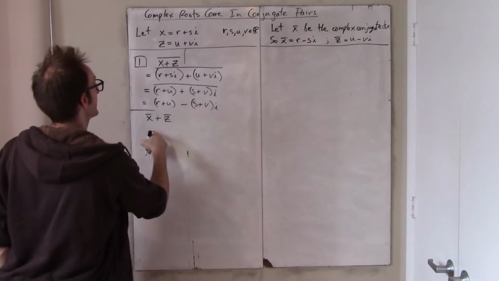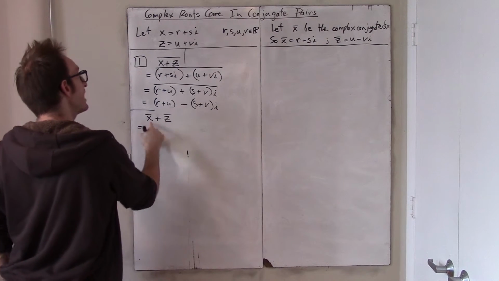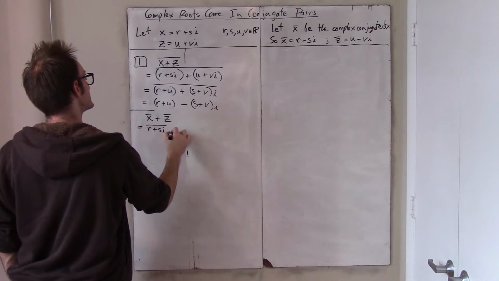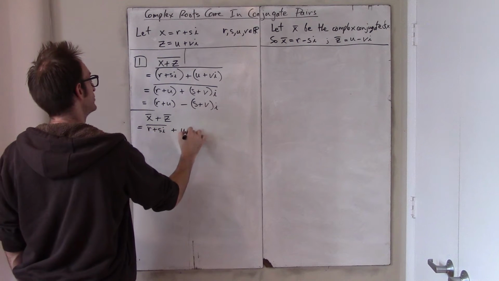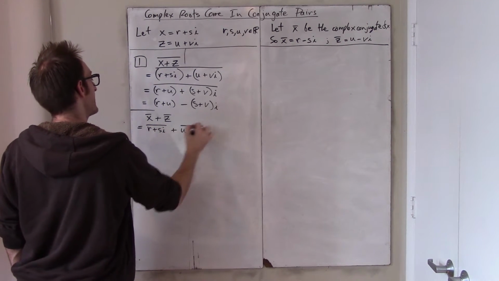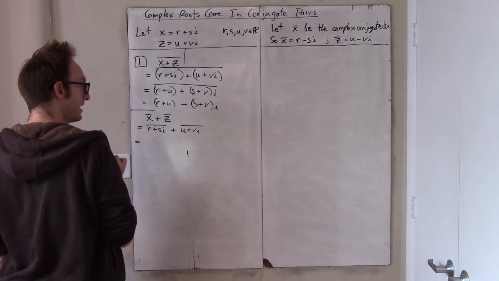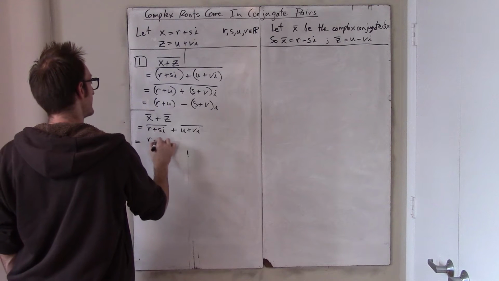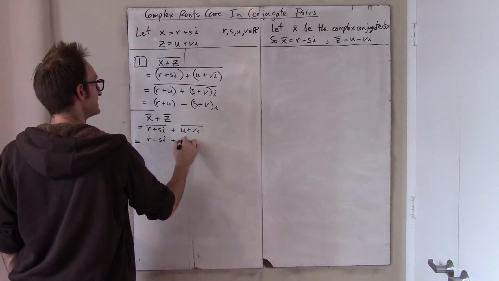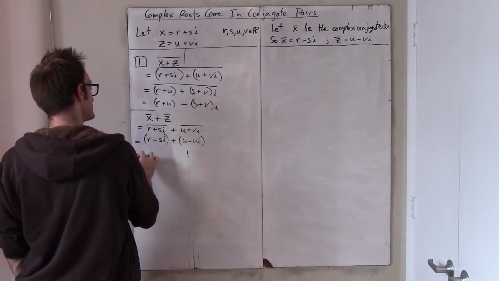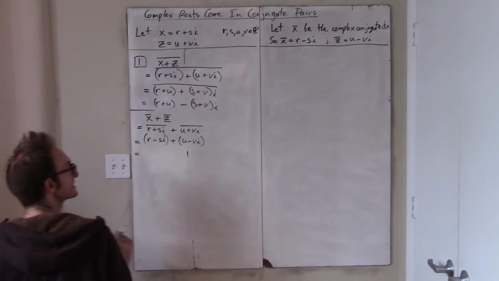Well, that's asking for the conjugate of r plus si and the conjugate of u plus vi, and what happens is you get r minus si and u minus vi, and so parentheses are being used inconsistently.